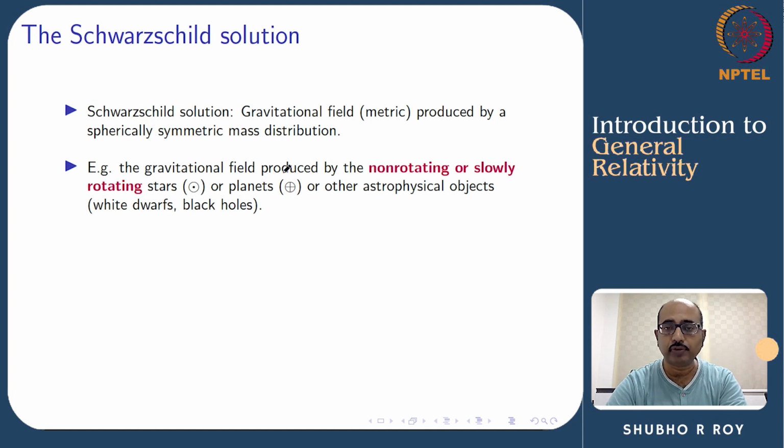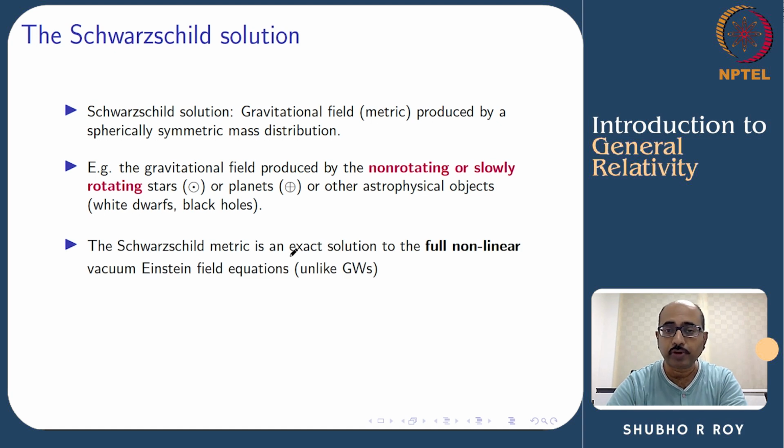For example, the gravitational field produced by any non-rotating or slowly rotating star or planet or other more exotic astrophysical objects such as white dwarfs and black holes. And so long as they're rotating very slowly, so that rotation is not a big deal, and they're spherically symmetric, the gravitational field or space-time metric produced by such objects will be of the Schwarzschild solution form.